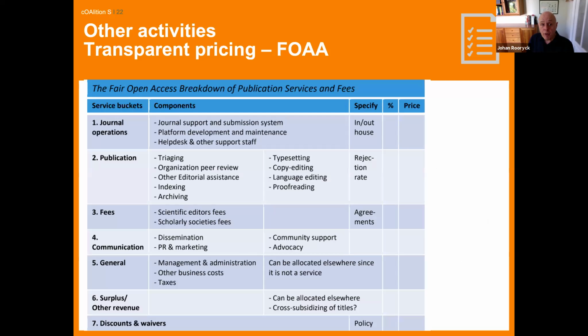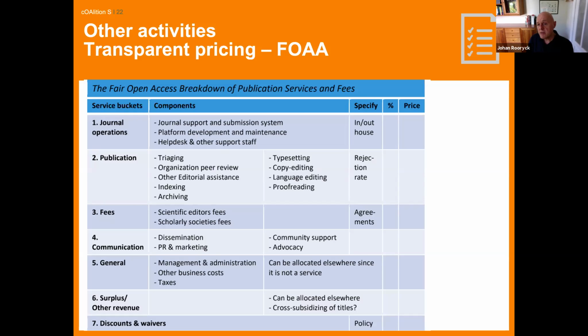An example of this transparent pricing is, for instance, the one by Fair Open Access Alliance. We have several service buckets that we want the publishers to price. One is journal operations. The second one is publication fees to editors. What are the expenses? What is communication? What is more general costs? What are discounts and waivers?